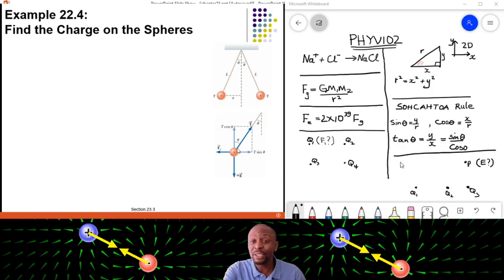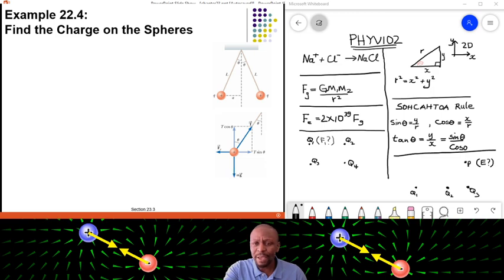If that angle is theta, therefore that angle must also be theta, because they are alternating angles. They form a Z. Now in that case, the force opposite to the gravitational force is just going to be T cos theta.